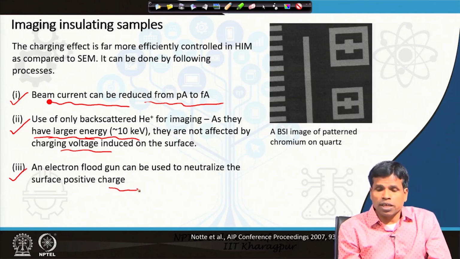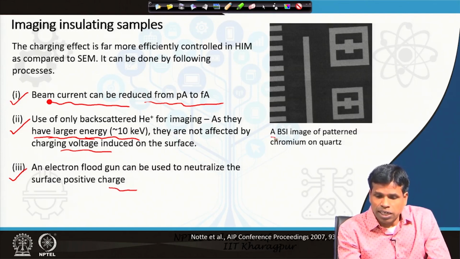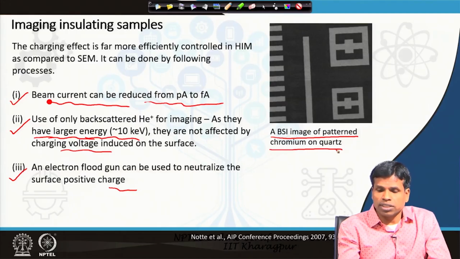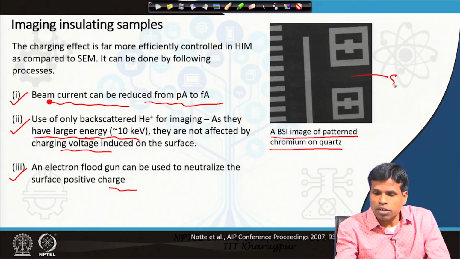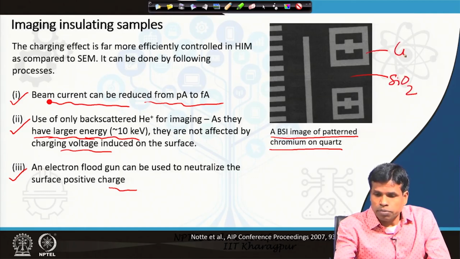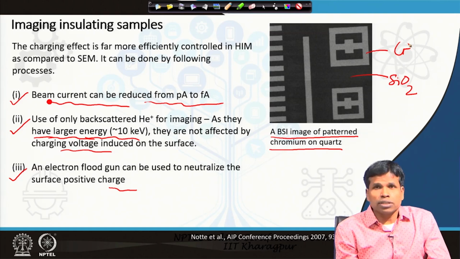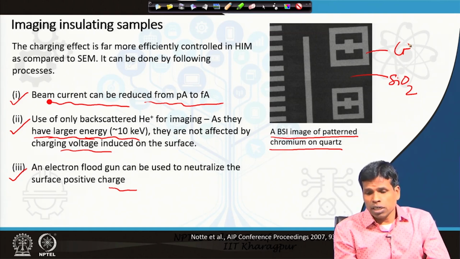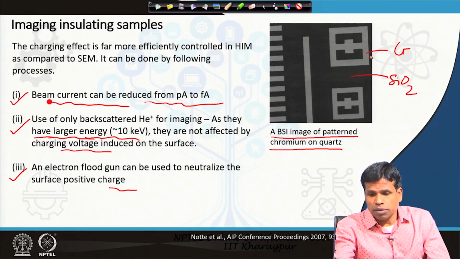Here on the right side you see a backscattered ion image of a chromium pattern on quartz. This is the quartz, SiO2, and this is the chromium. First of all, you can notice a significant contrast difference between the chromium and SiO2.